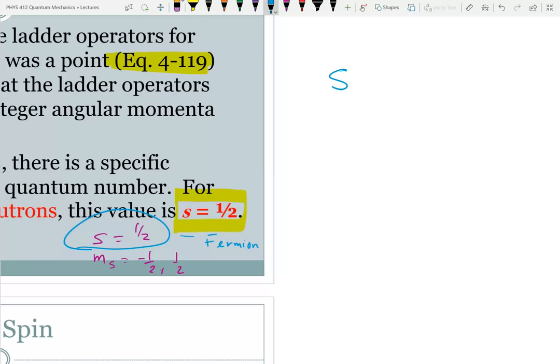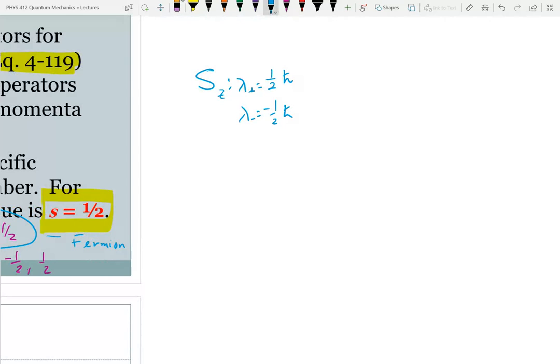Let's talk about my spin in the z direction operator. My spin in the z direction operator is going to have two eigenvalues, 1/2 h bar and minus 1/2 h bar. I should write this a little differently. So I have those two eigenvalues. How could I make a matrix for the operator?